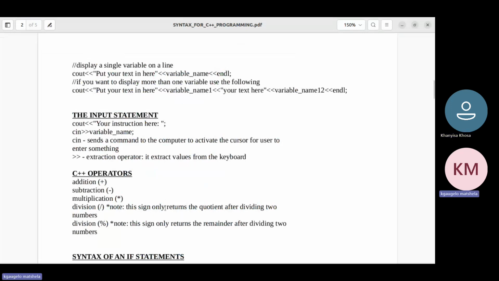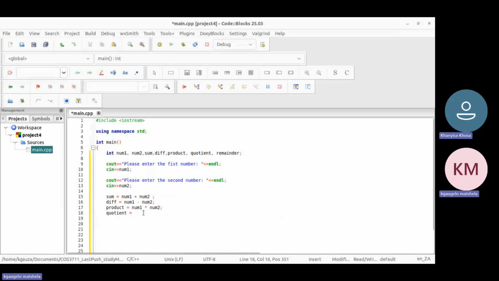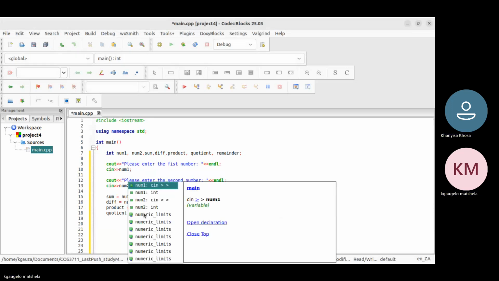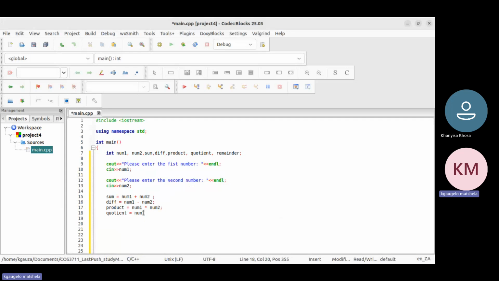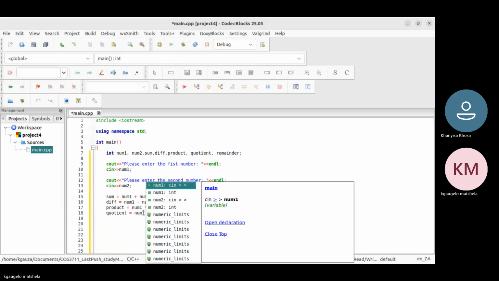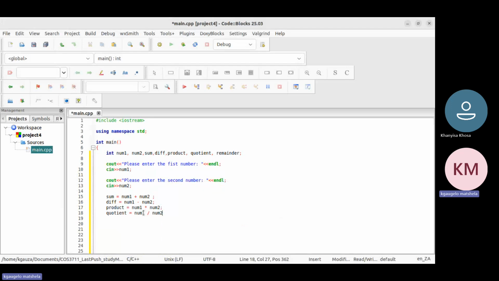So they say this only returns the quotient after dividing the two numbers, returns the remainder after dividing. It is not explaining too much. So there it's just gonna be num1 divided by num2, that's the sign for the quotient, right? The thing that we have to know is the quotient takes the number before a comma.